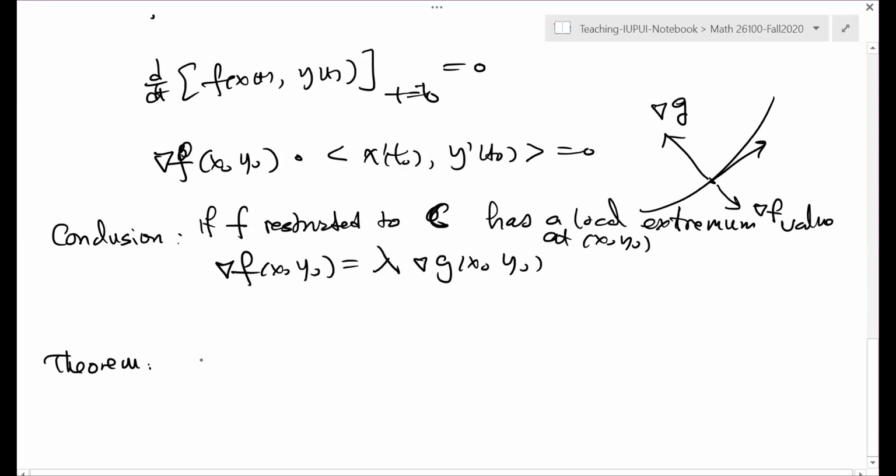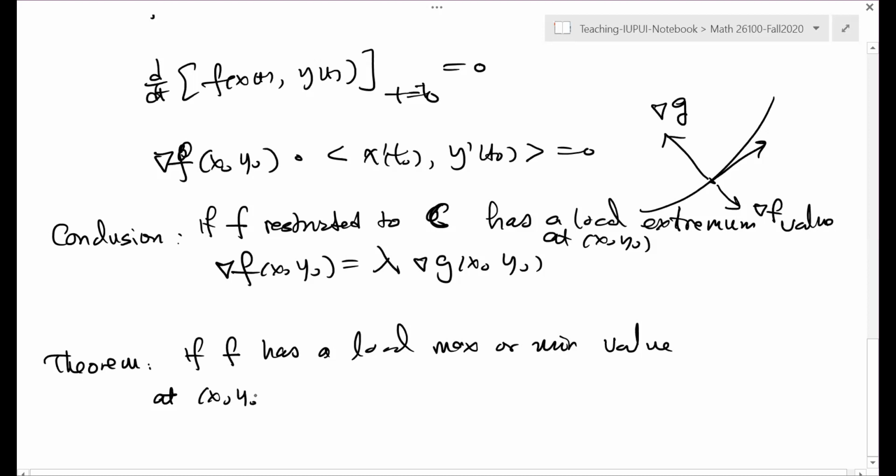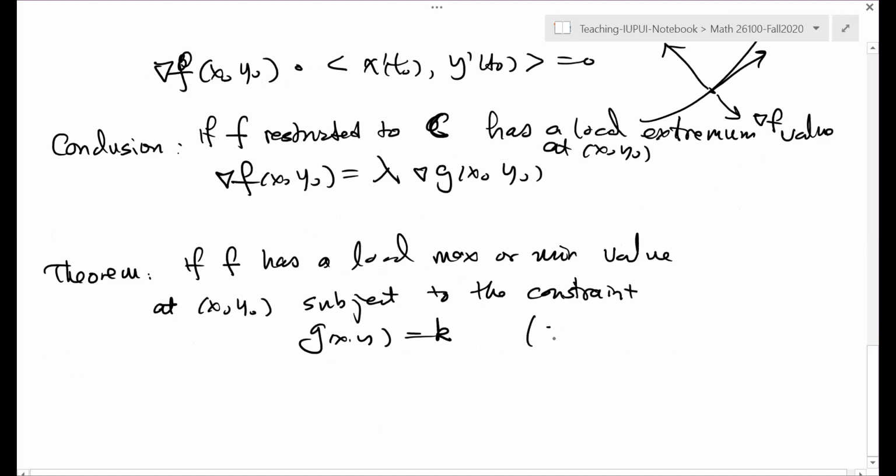If f has a local maximum or minimum value at some point, subject to the constraint g of x, y equals k, and we also assume that the gradient of g is not 0, otherwise we have trouble.